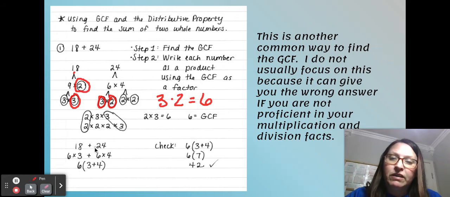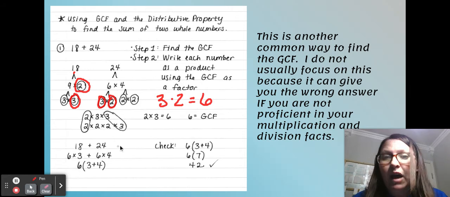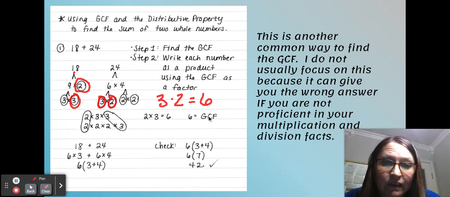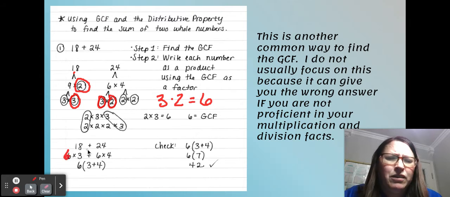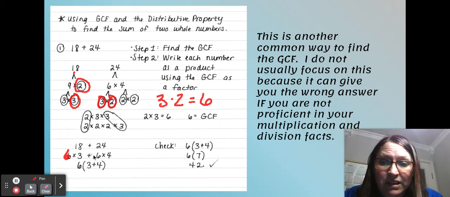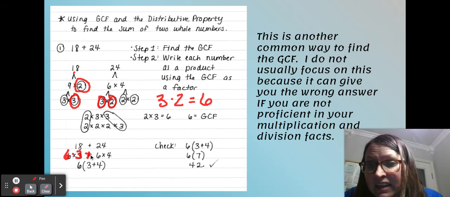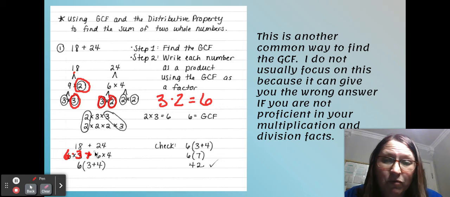So now when you come down here, you've got 18 and 24. So now what they do is they take whatever the greatest common factor is. So 6 is my greatest common factor. And they're going to do, okay, 6 times what is 18? Well, 6 times 3 is 18. And so that's how they got 6 times 3. And then 6 times what is 24?